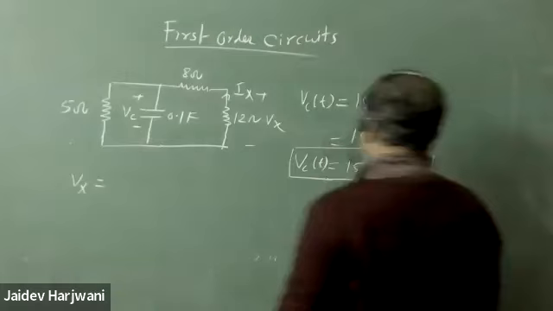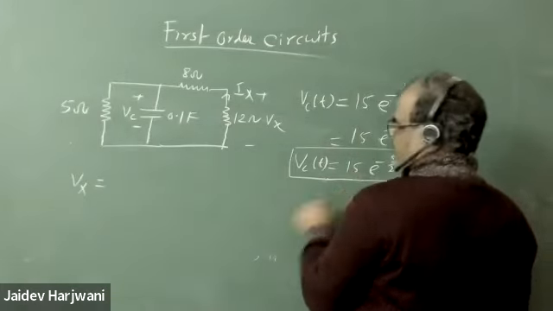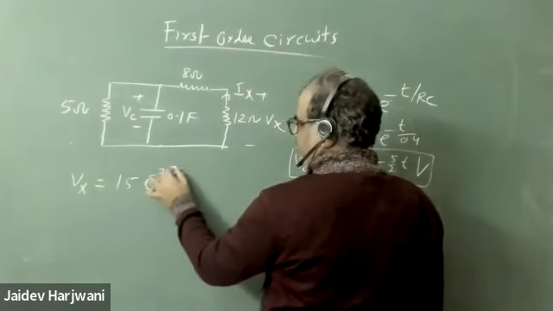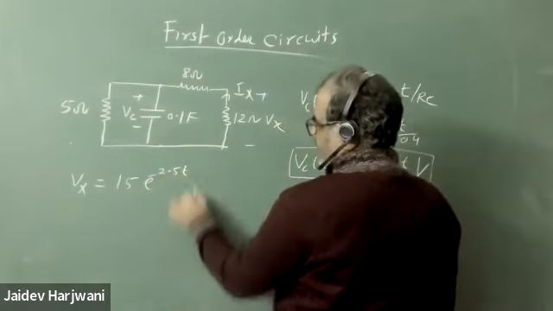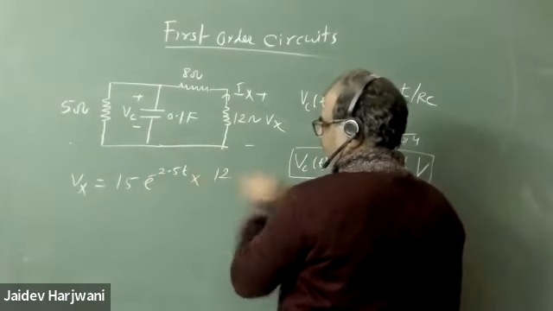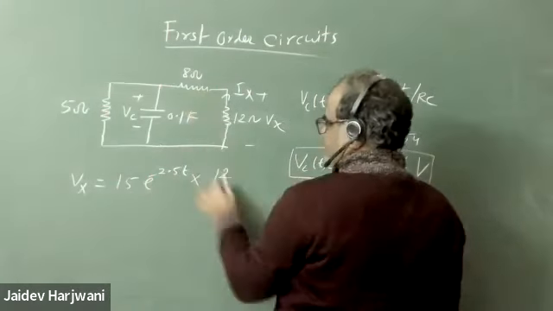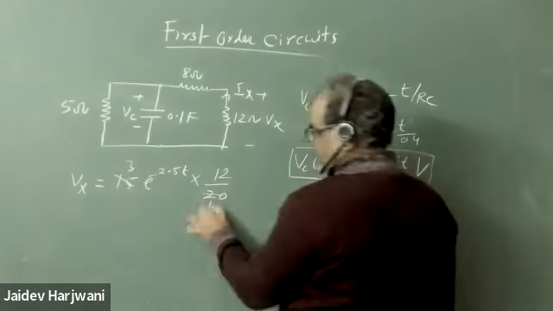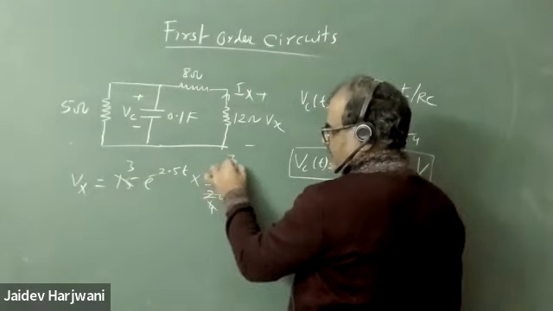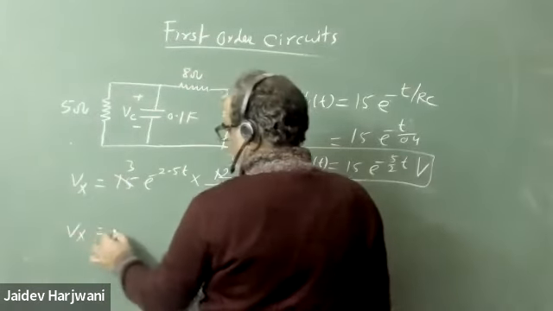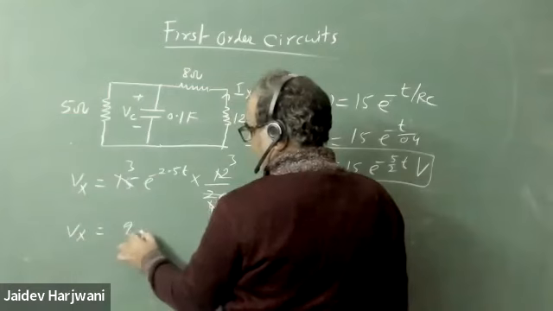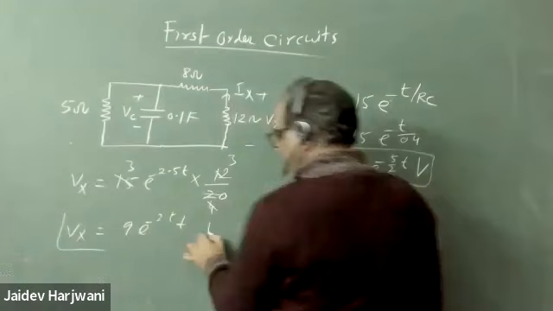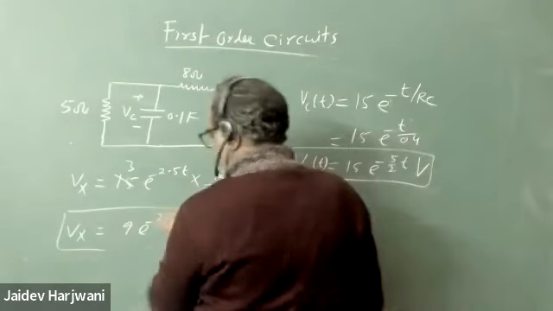Simply, the total voltage is VC, which is 15 e power minus 2.5t, and doing voltage division with 12 over the total resistance of 20, the Vx can be written as 9 e power minus 2.5t at t greater than 0.